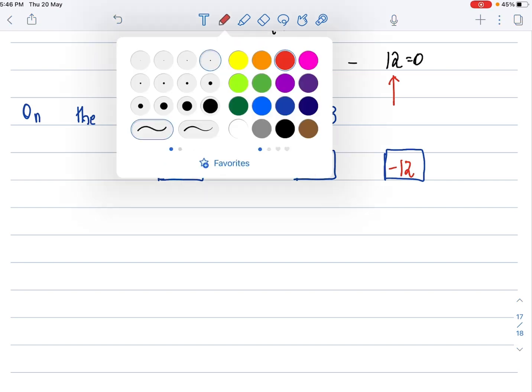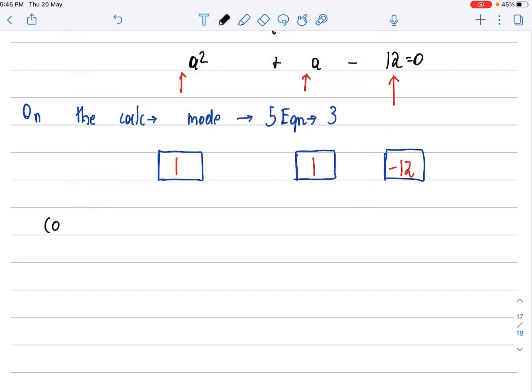So I can simply say that cosec half phi is equal to 3 and cosec half phi is equal to minus 4.